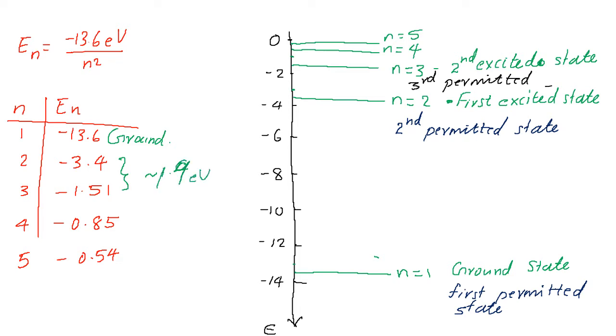So for the first two it is roughly 10 eV, but for the next it is roughly 2 eV, and between the next two it is roughly 0.8 eV, like that. So please note that the spacing between the energy levels decreases with increase in n. Correct.